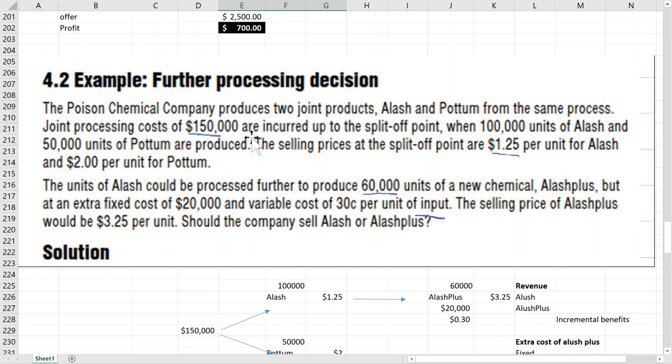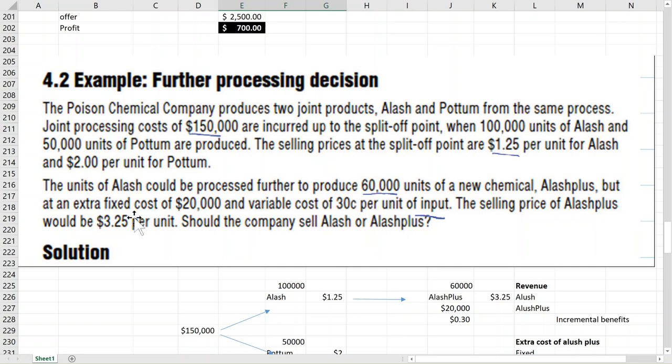Poison Chemical Company produces two joint products, Elish and Potom, from the same process. Joint processing cost of 150,000 are incurred up to split off point. 100,000 units of Elish and 50,000 units of Potom are produced. The selling prices at the split off point are 1.25 per unit for Elish and 2 per unit for Potom.